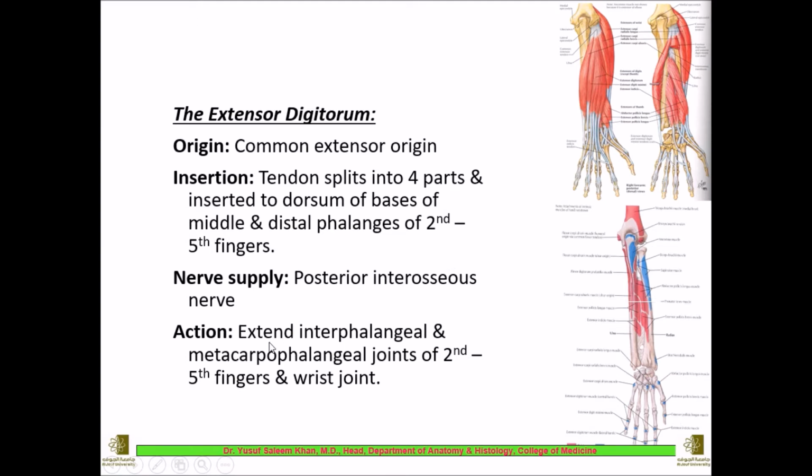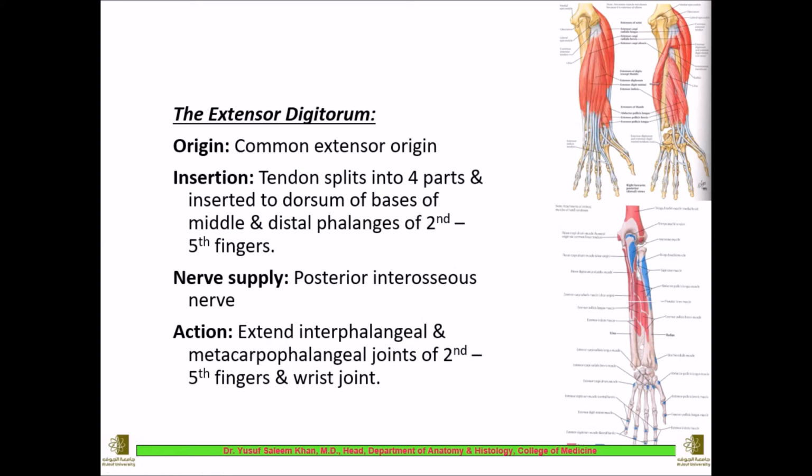Coming to the actions, as it gets inserted to the bases of the middle phalanx as well as the distal phalanx, it helps in the extension of the proximal and distal interphalangeal joints, as well as the metacarpophalangeal joint, as well as the wrist joint, from the second to fifth fingers.